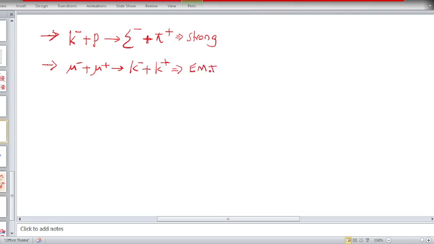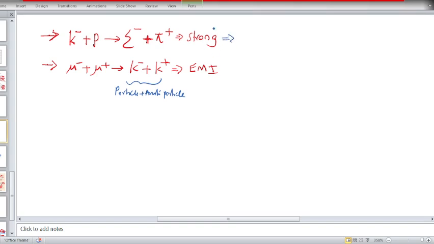Why? Because on both sides you can see a particle-antiparticle pair. You have mu minus and mu plus on this side. You have K minus and K plus on the other. So these are particle-antiparticle pairs. Particle plus antiparticle. So then you can directly say that this is electromagnetic.